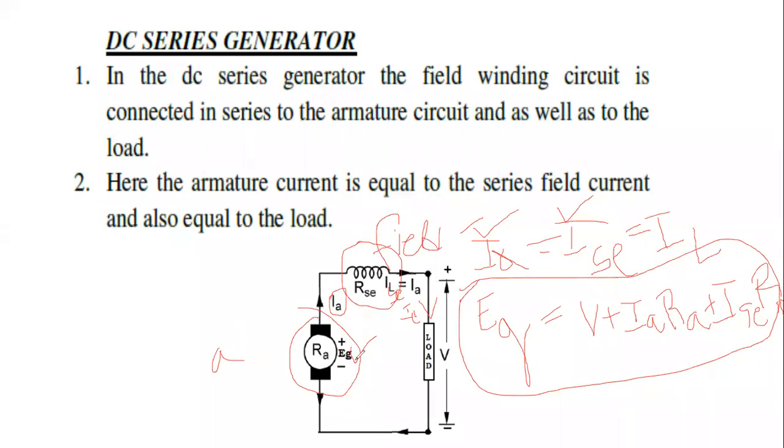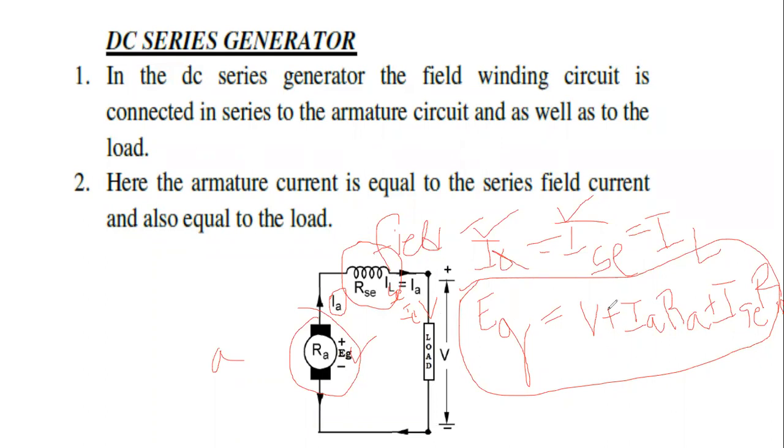Due to that exciting current, the generated EMF EG is produced according to Faraday's laws of electromagnetic induction. Due to that EG, the armature current is developed. That armature current flows through the series field winding, and it is called the series current. Then the same current flows through the load.